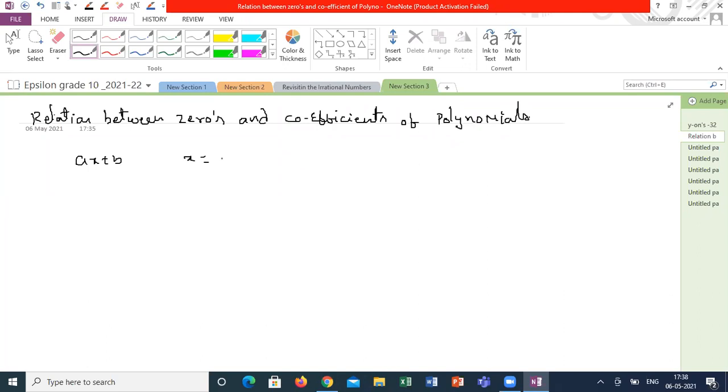Setting it to 0, x is equal to minus b by a. Here a and b are the coefficients of the polynomial. The value of minus b by a is a value you will get, and this is the zero of the polynomial.